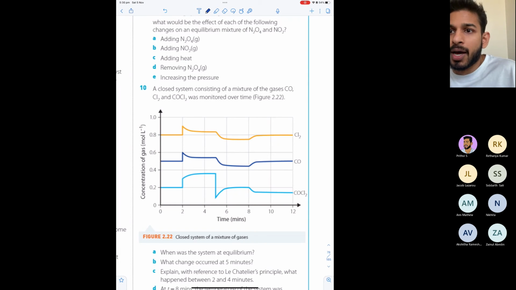Akshita, what was the disturbance at time equals 5 minutes? Was it a decrease in pressure? So actually, look at the disturbance at 5 minutes, and again, break down the two phases. What are the two phases of change in concentration over time?